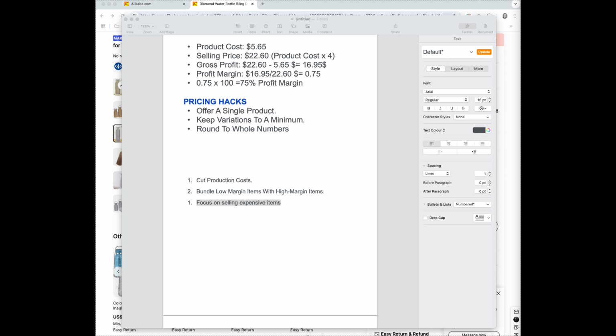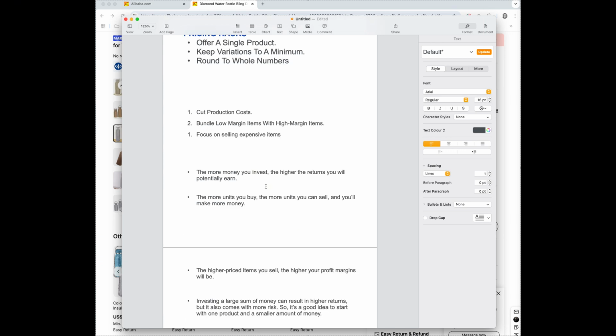Also, there is something I would like to talk about, and that would be all the known disclaimers. Not always the more money you invest, the higher returns you will potentially earn. There are always additional costs for something.